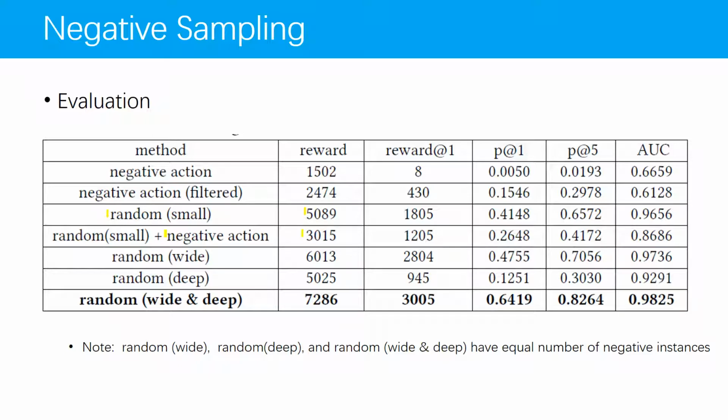So we fully trust the power of random sampling of negative instances. Our proposed wide and deep sampling method performs best among the different methods. We also demonstrate that either removing the wide part or removing the deep part can cause performance decline.